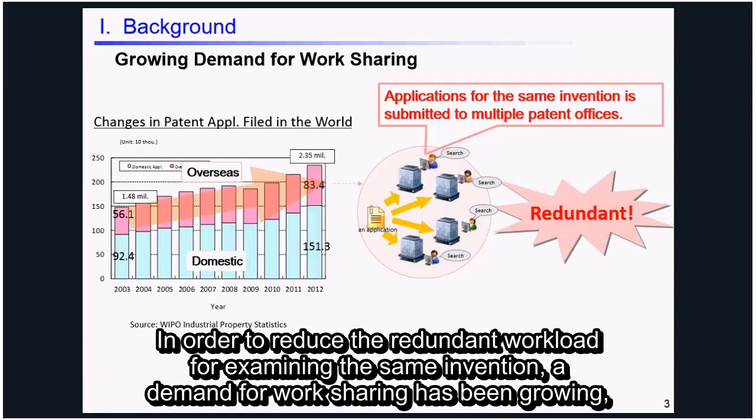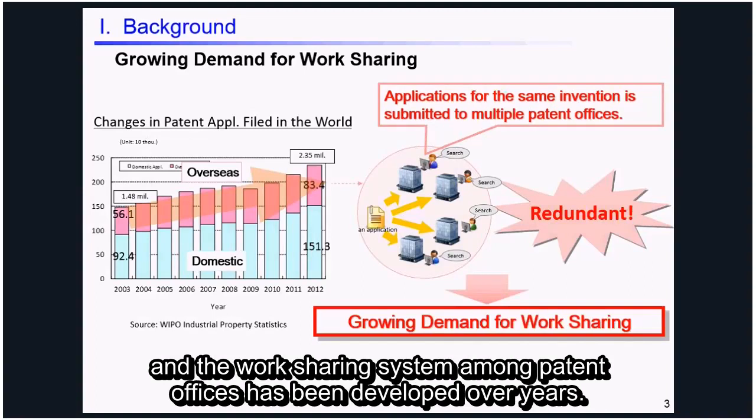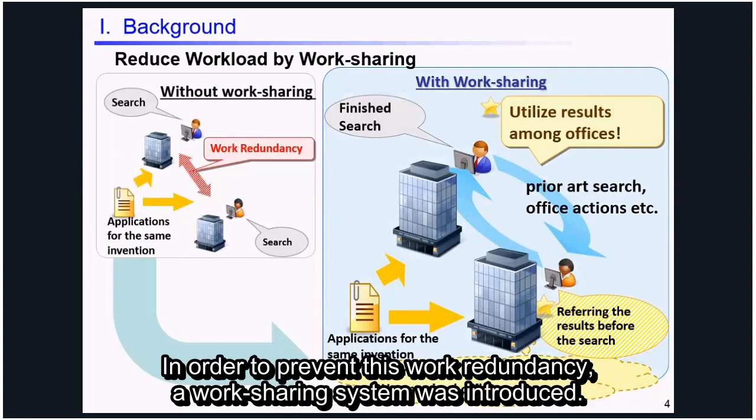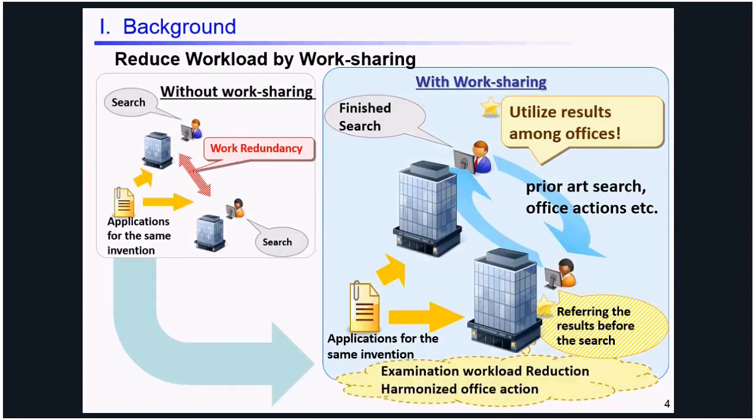In order to reduce the redundant workload for examining the same invention, a demand for work sharing has been growing, and the work sharing system among patent offices has been developed over the years. In order to prevent this work redundancy, a work sharing system was introduced.